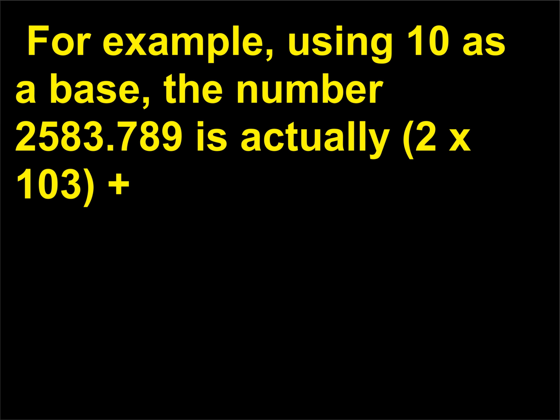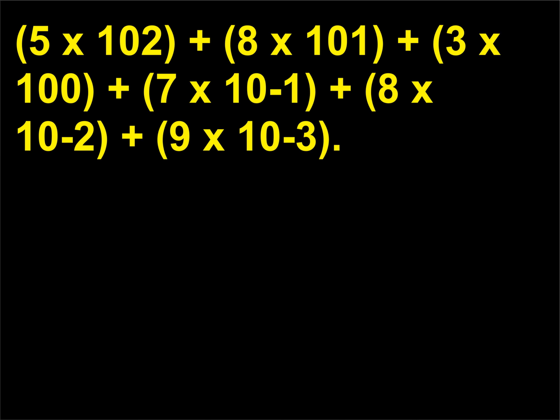For example, using 10 as a base, the number 2583.789 is actually 2x10^3 plus 5x10^2 plus 8x10^1 plus 3x10^0 plus 7x10^-1 plus 8x10^-2 plus 9x10^-3.